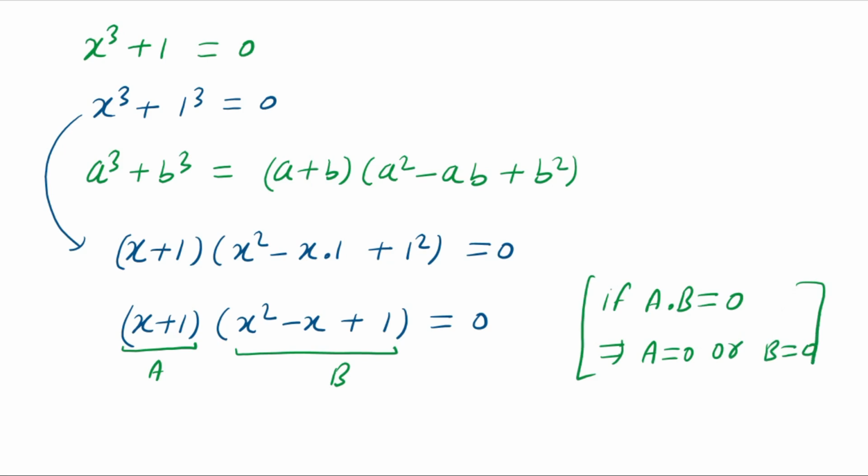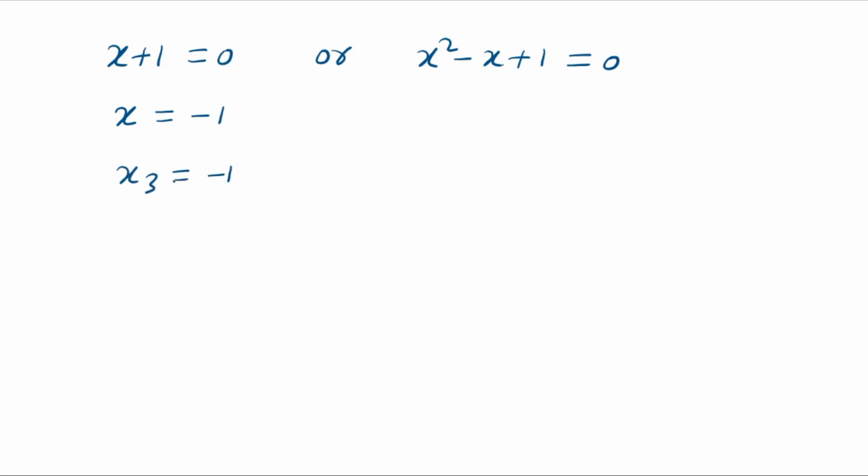According to this rule, we can write here x plus 1 is equal to 0 or x square minus x plus 1 is equal to 0. If x plus 1 is equal to 0, then the value of x is equal to minus 1. So our third solution, x3, is equal to minus 1.